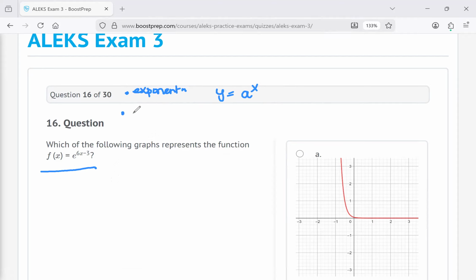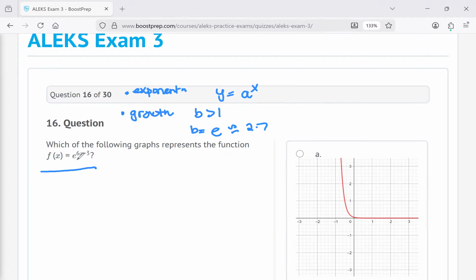And I also know this is exponential growth. Why? Because the base is greater than 1. What is our base? Our base is actually e, which is technically a number. It's like 2.7, right? So I know it's a growth. And then the 6x minus 3.